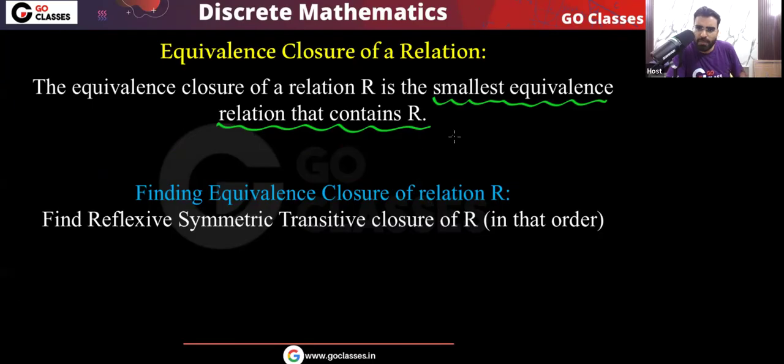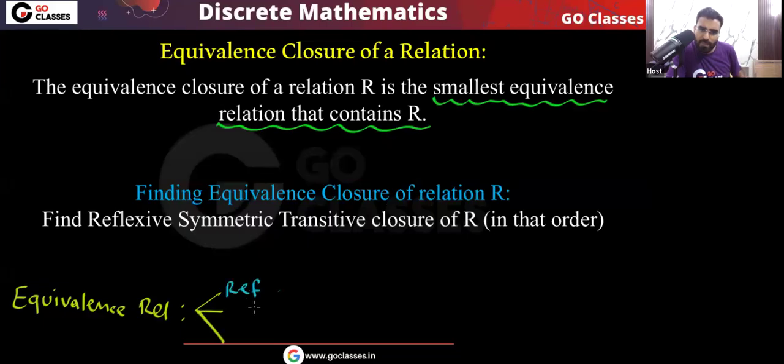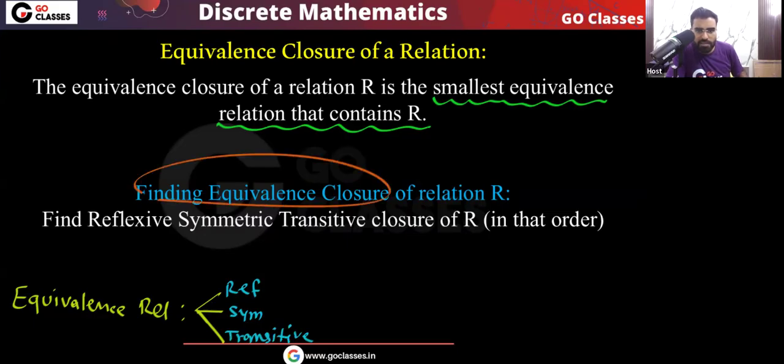We already know this concept: an equivalence relation is a relation which is reflexive and symmetric and transitive.